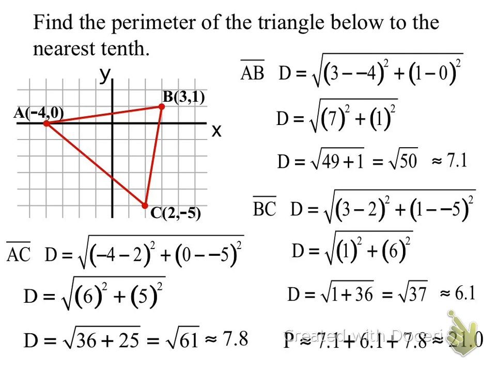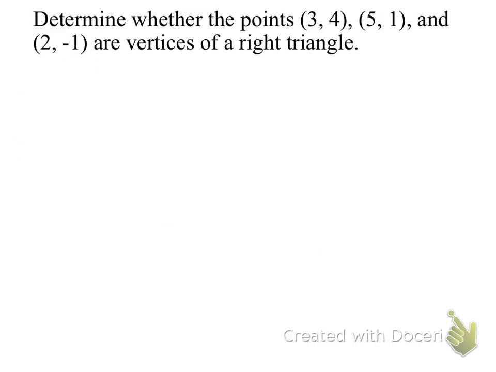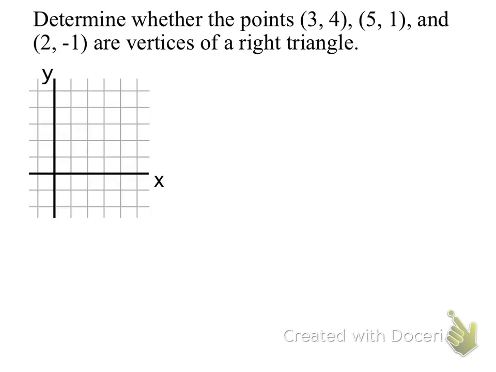Let's see. Determine whether the points (3, 4), (5, 1), and (2, -1) are vertices of a right triangle. So you have to plot them. Of course, they're not going to make it easy for you.